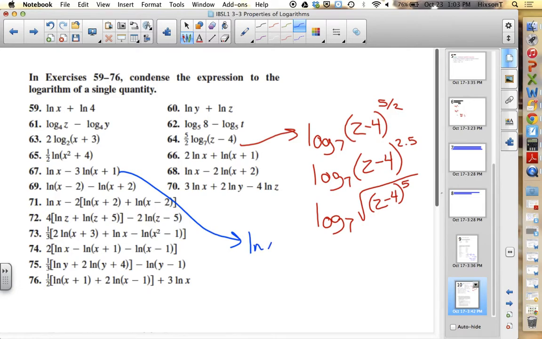So natural log of x minus natural log of x plus 1 to the third power. Now subtraction means we divide. Natural log, and you've got the x in the numerator, the x plus 1 cubed in the denominator.